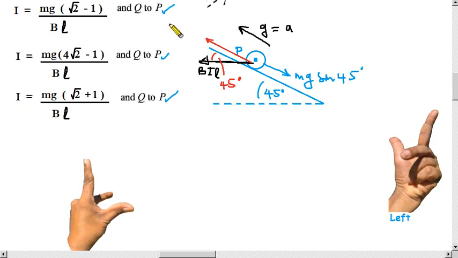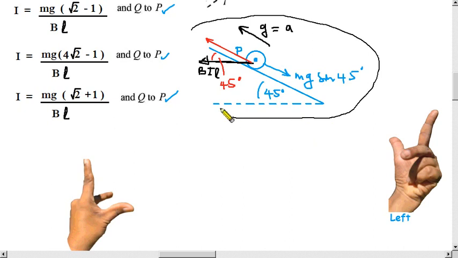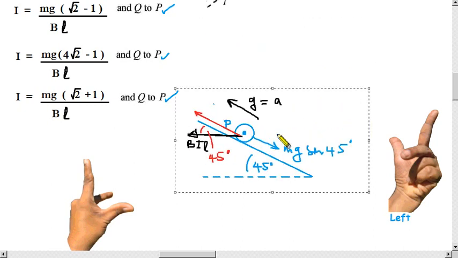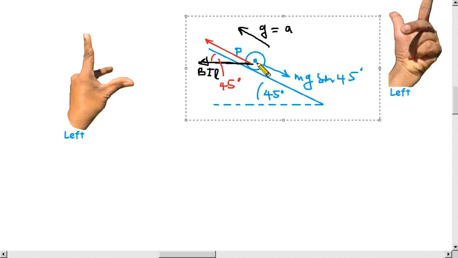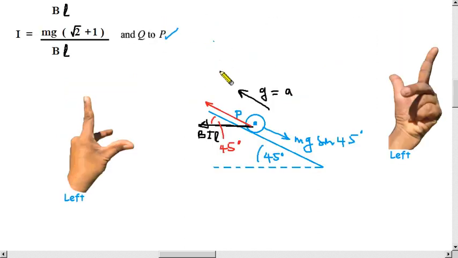Let us take this diagram down a little bit so we have more room. So the component is equal to BIL cos 45.